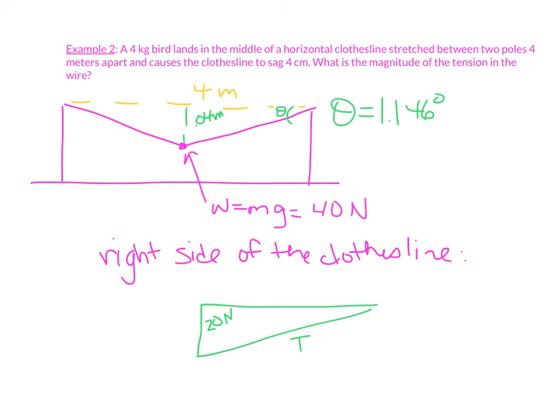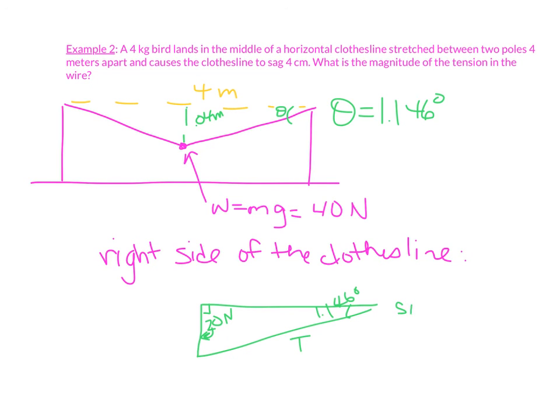The horizontal component we don't know, and actually we're not even going to bother finding it. We don't actually need it. You can find it if you really want to. Keep in mind the 20 is for this side, by the way. So I know the angle, I know the opposite side. I now just need to figure out the hypotenuse.